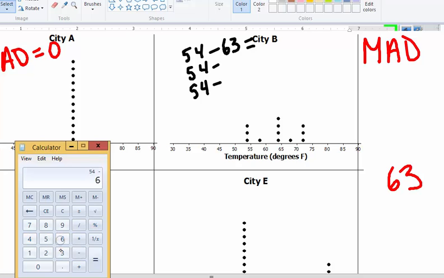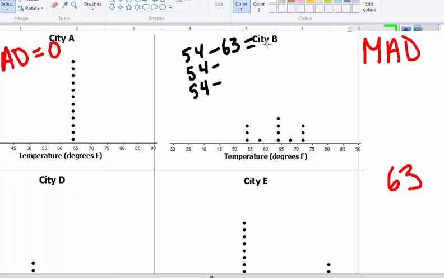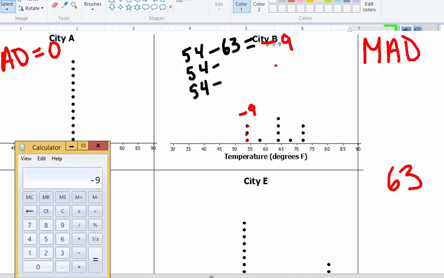Just to check, minus 63, that's negative 9. So all of these are negative 9s. There's 3 of them. So that would be negative 9 plus a negative 9 plus a negative 9.